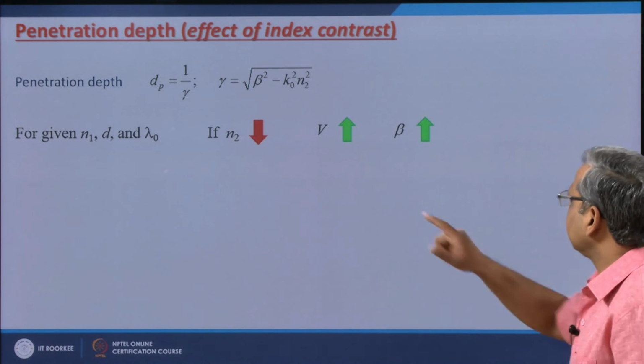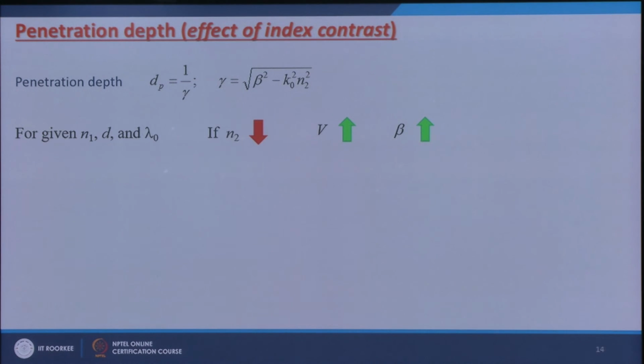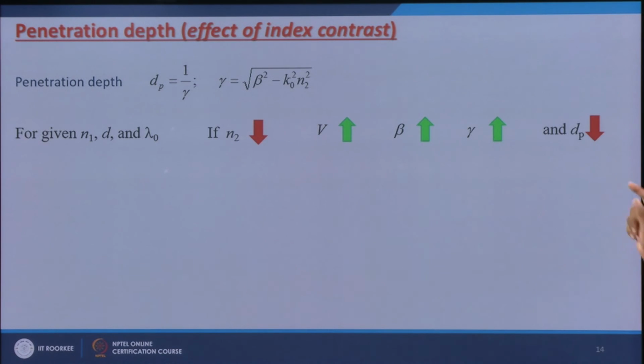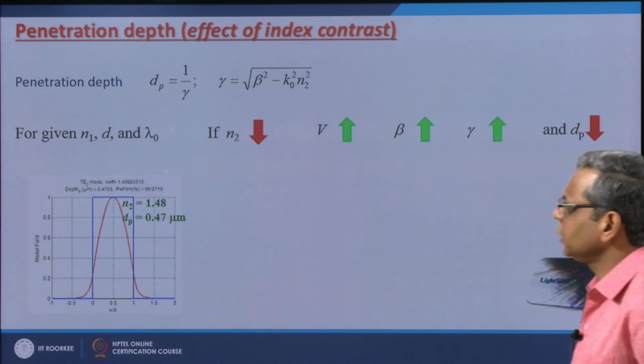If V increases, the propagation constant beta increases, if beta increases, gamma increases, and penetration depth decreases.